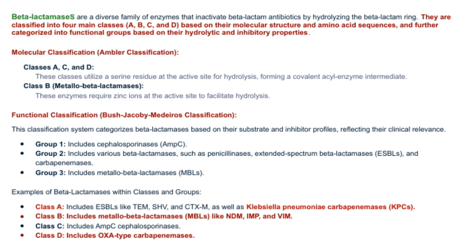These are especially problematic because of their broad activity and resistance profiles. Class C includes the AmpC cephalosporinases, and Class D features OXA-type carbapenemases, which are increasingly relevant in resistance discussions. So, understanding these classes and groups is fundamental because it directly impacts how we detect, treat, and manage resistant bacterial infections.